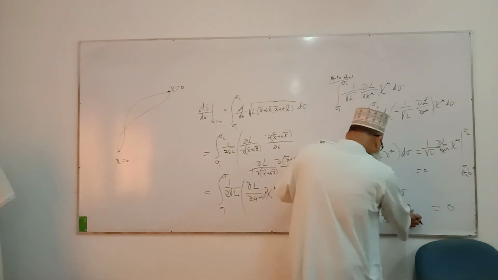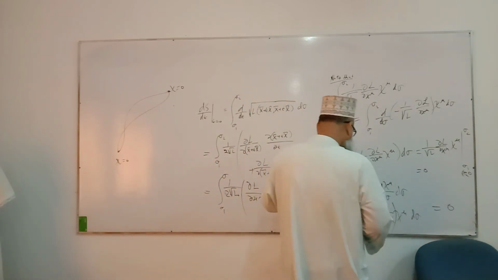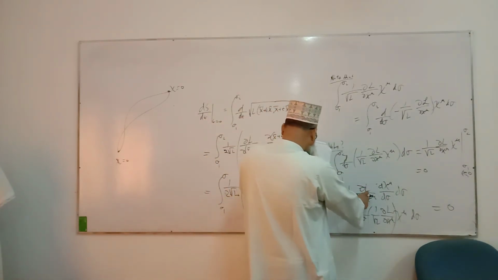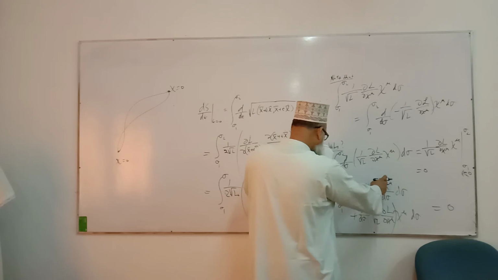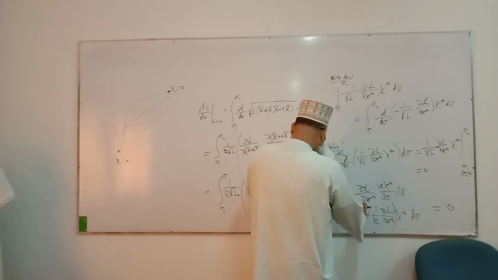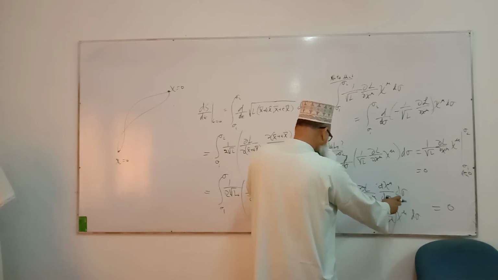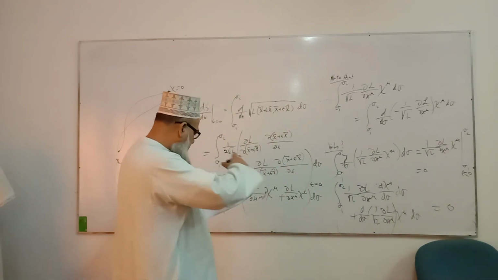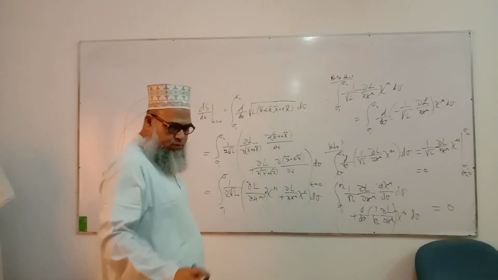I can write chi mu outside. So I have 1 by square root of L del L by del x dot mu, chi mu, and d by d sigma of 1 by square root of L del L by del x dot mu, chi mu d sigma equals 0. Now you interchange the terms.